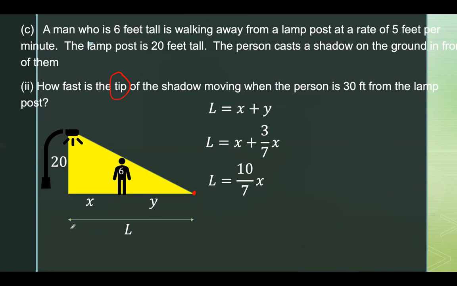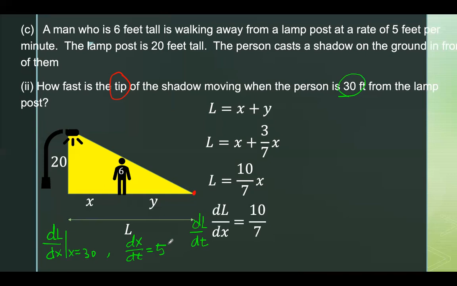Actually we want to find dL/dt, since the tip is here. We need the relationship between dL/dx when x is 30 feet away. dx/dt is still the same, 5 feet per second. We differentiate L with respect to x and get 10 over 7.